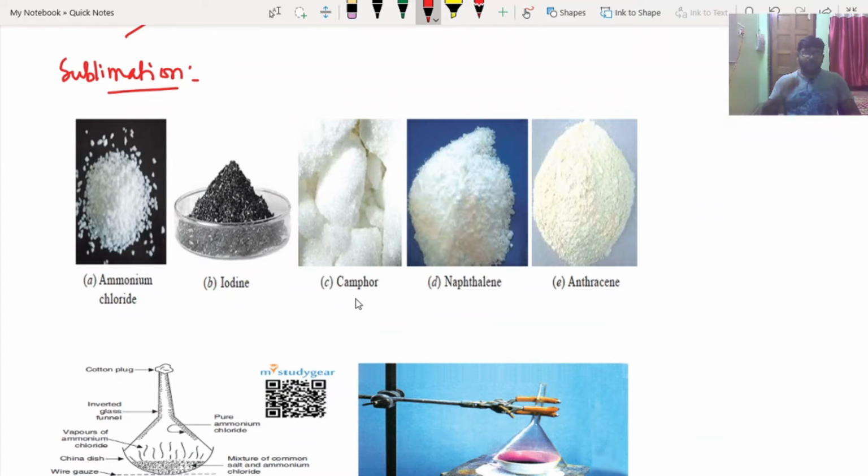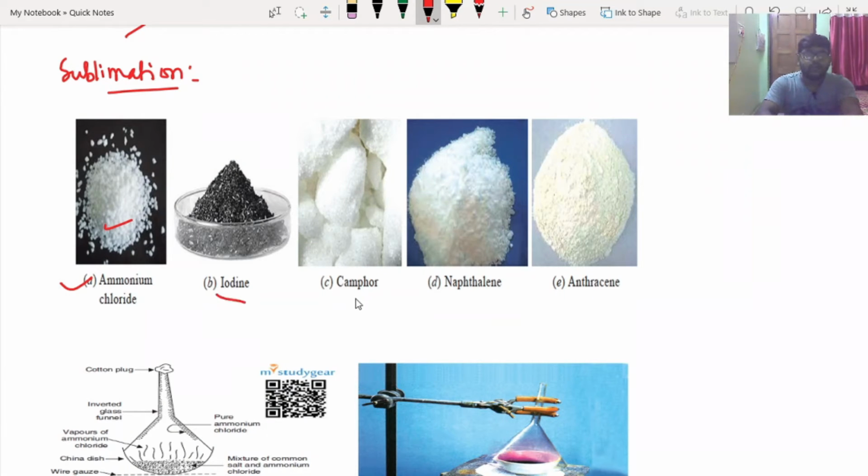Now there are so many examples of materials which show the property of sublimation. Some examples are ammonium chloride, a white solid which gets converted into gas directly without being converted into liquid.